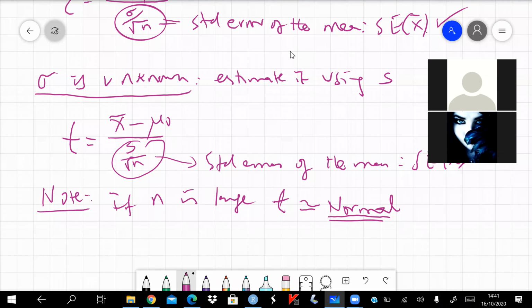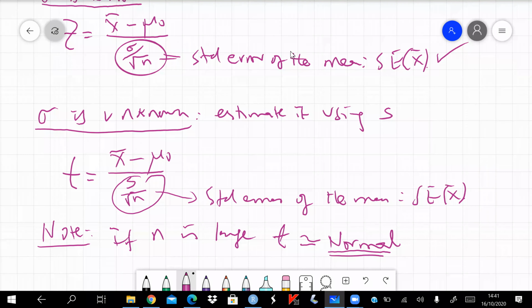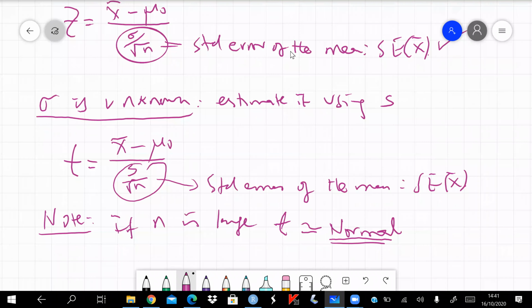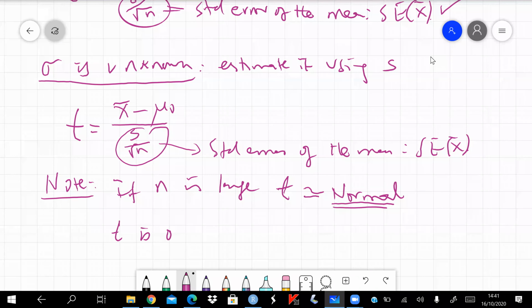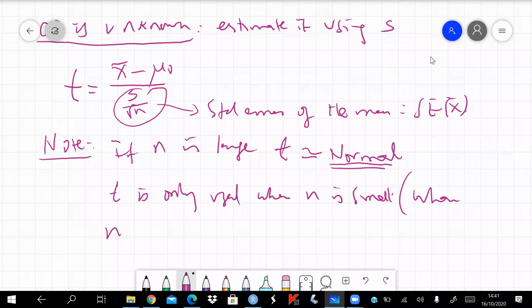So the T statistic is only used when n is small. But of course, when normality of the population is assumed. So that's what we looked at last week.